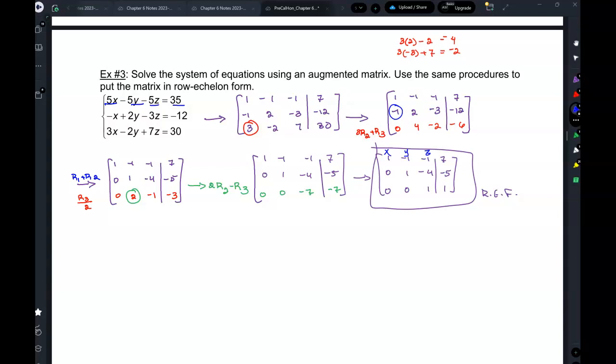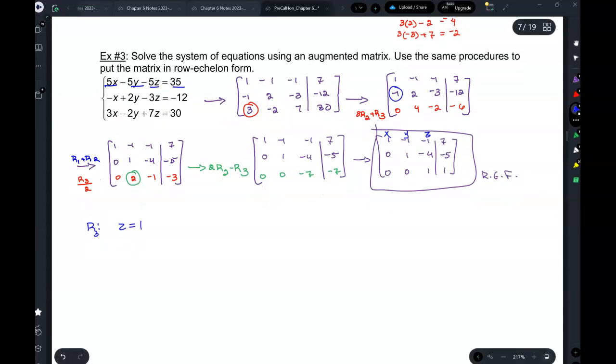Do you see that? So what's the last row read? Row 3, z equals 1. So from row 2, that would be y minus 4z equals -5. Y minus 4 times 1 equals -5.